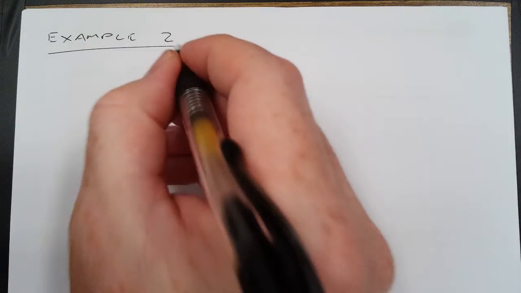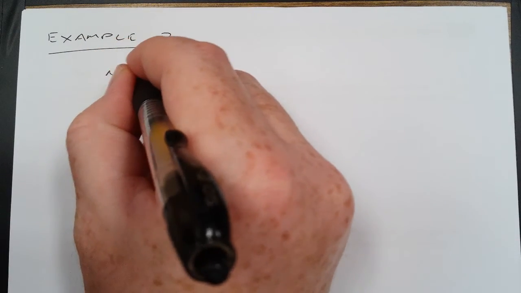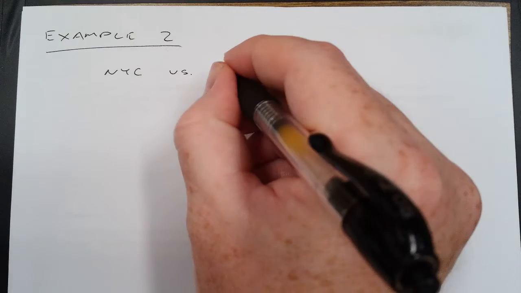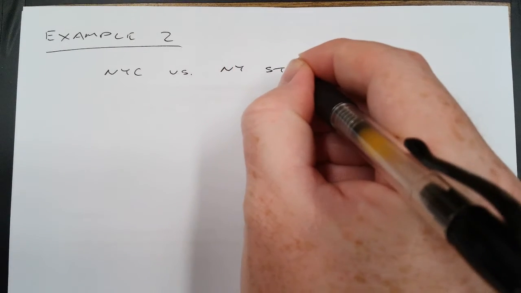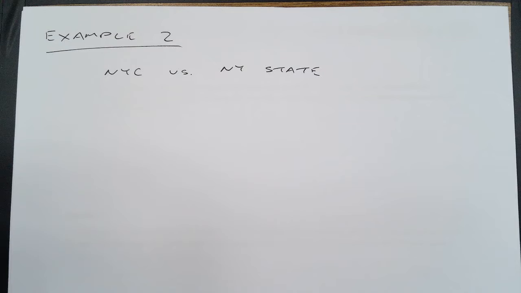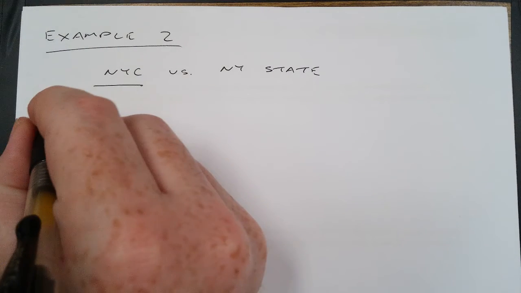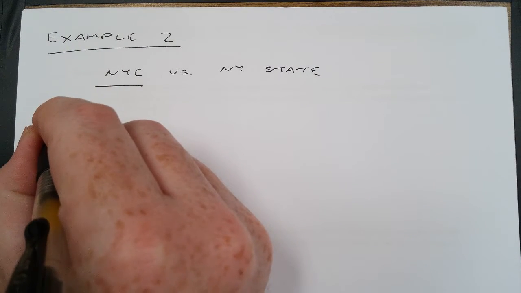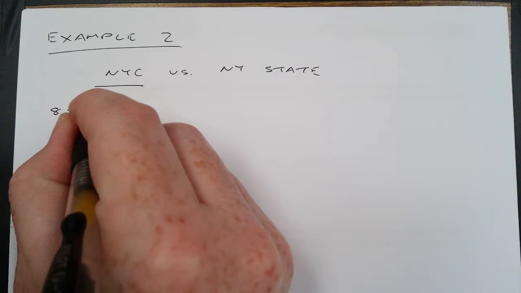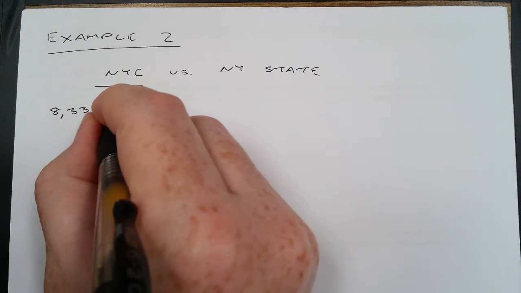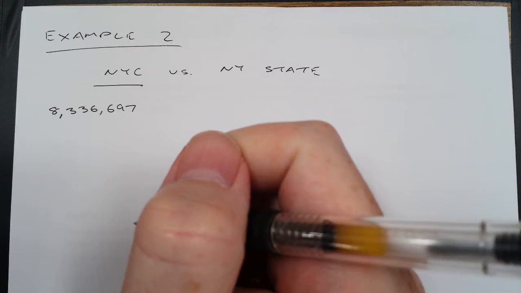Only this time we're going to do New York City versus New York State. So for New York City, we're still comparing populations. When they made this book, New York City had 8,336,697 people.